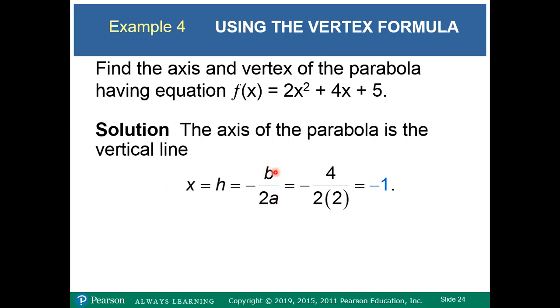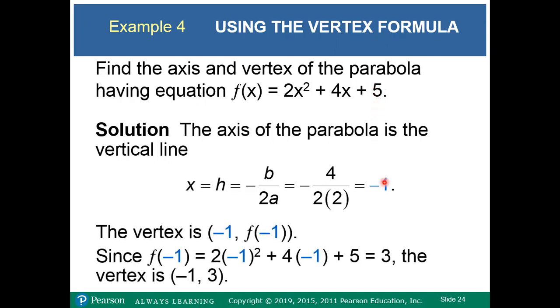So b is 4, a is 2, so you just plug and chug and you get negative 1. So x is equal to negative 1. To find the y value, we just plug in negative 1 into here. So this is going to be 2 minus 4 plus 5, which is going to give us a 3. And so our vertex is at (-1, 3).